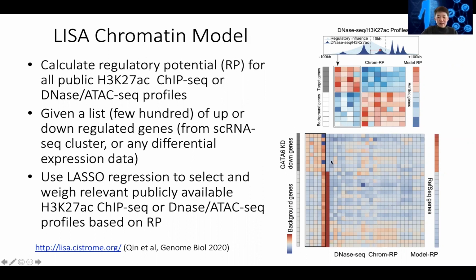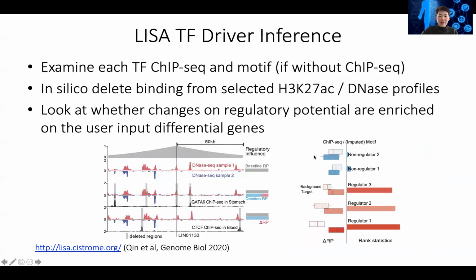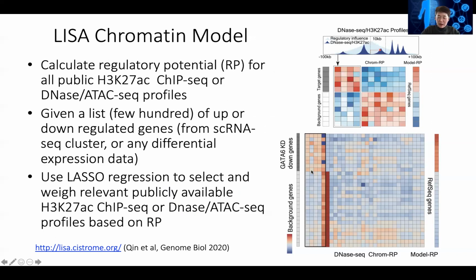Say these 10 are being selected, and we know that using lasso regression, these 10 together will give us the genes whose RPs are very different from the rest based on the K27 or chromatin accessibility profiles. So we say, okay, these are the ones that we select. And then together, these epigenetic profiles, because some of them might be K27 acetylation, some of them might be ATAC-seq or DNase, they tell us which regions are important for enhancers.